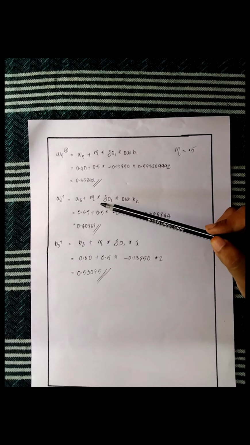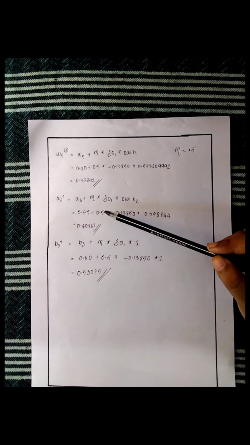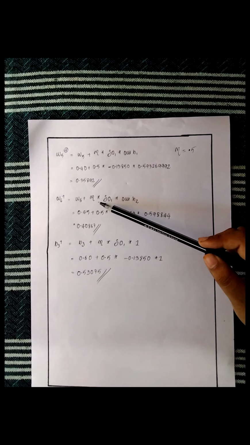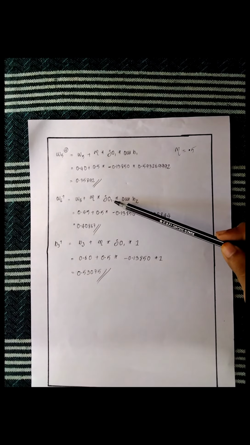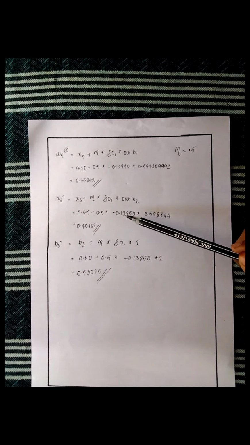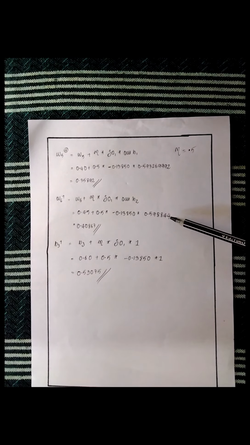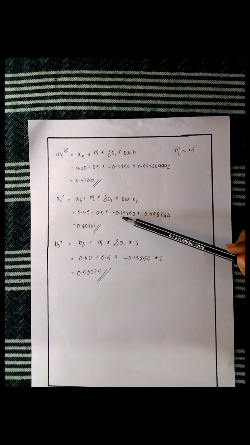Likewise, we have to calculate the new weight 6. Initial weight 6 is 0.45, so it is 0.45 plus learning rate 0.5 into delta O1, negative 0.13850, into 0.5988444, which is equal to 0.40867.